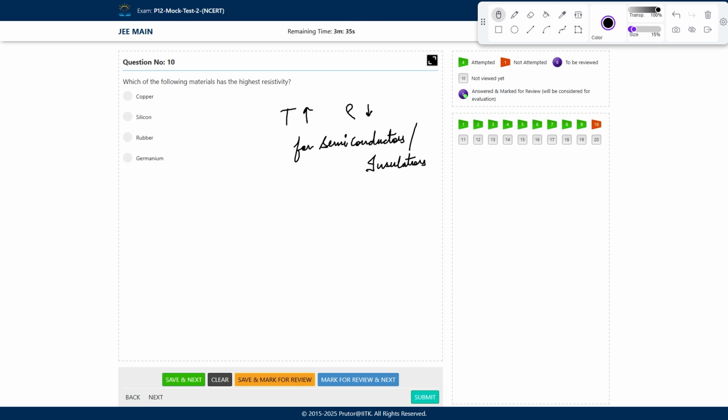So let's see next question. Which of the following material has highest resistivity? We know that insulators have highest resistivity and metals have least resistivity, and semiconductors have resistivity in between conductors and insulators. So copper is a conductor, so it will have lowest resistivity.